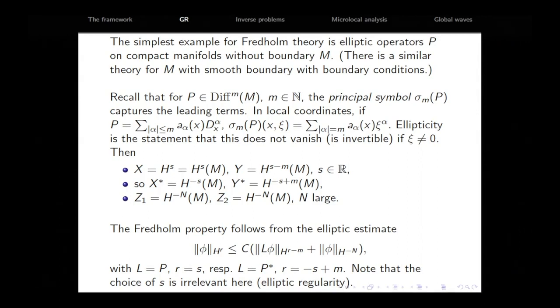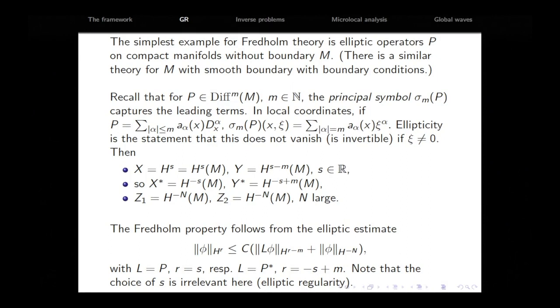And so in this sort of setting, the spaces would be typically Sobolev spaces. I'm calling them HS, you might be calling them WS2. The domain space would be like HS. The target space would have m fewer derivatives, as it's an m-th order operator. Then you're taking the dual spaces, and the relatively compact spaces would have much fewer derivatives. You can take it wherever you want.